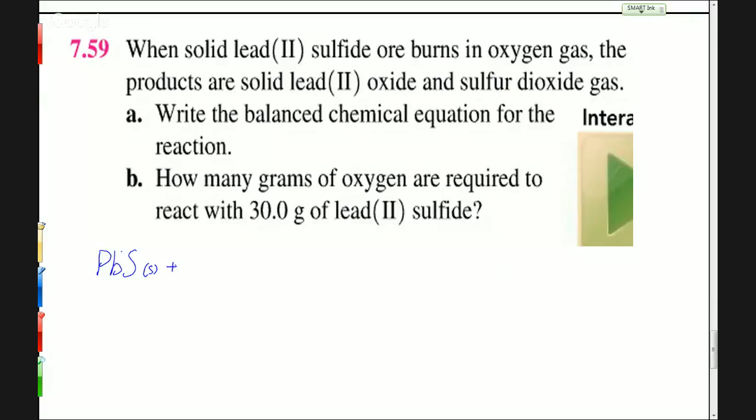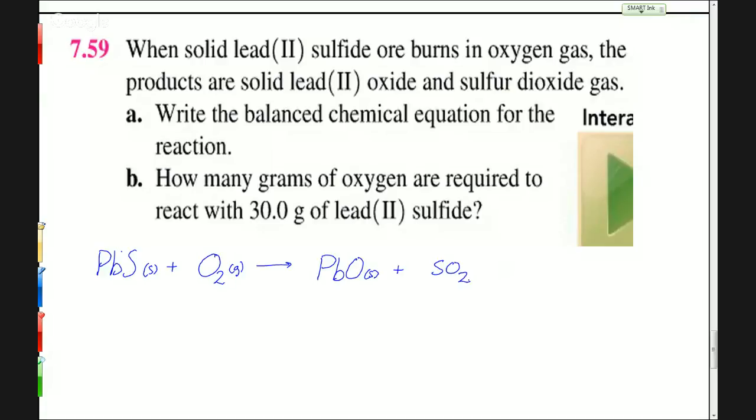Burning in oxygen gas means reacting with O2 gas and forming solid lead 2 oxide and sulfur dioxide gas. So is that balanced? It's not. It's close, but not close enough.